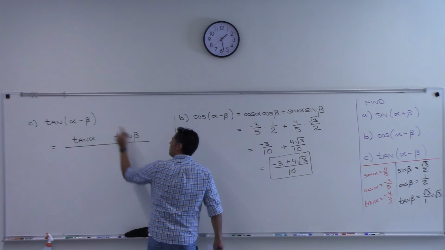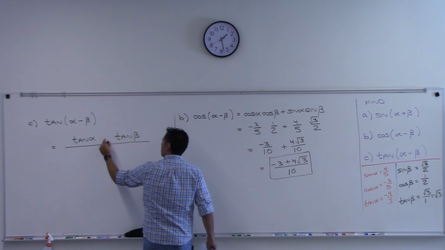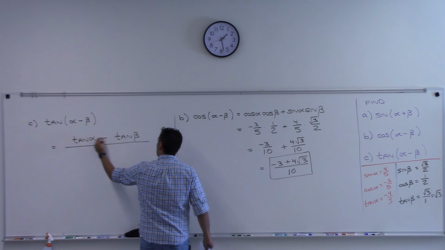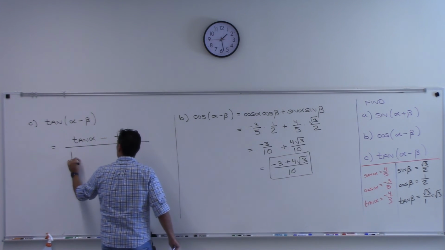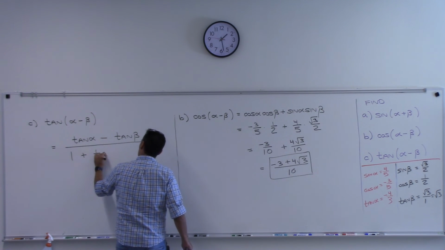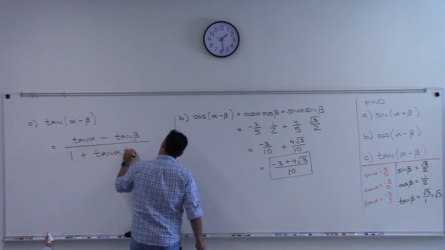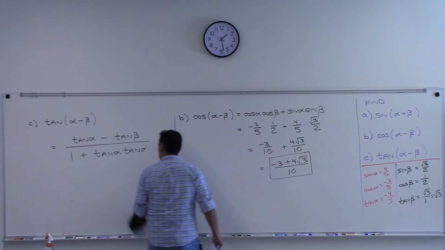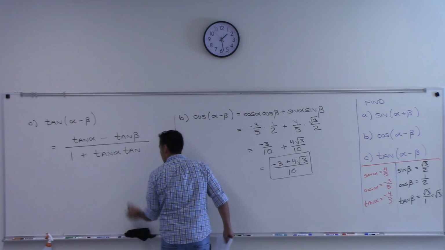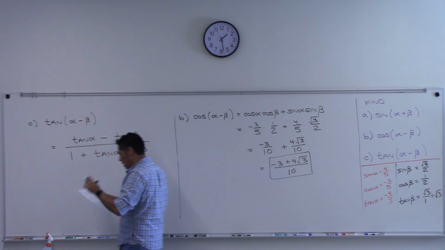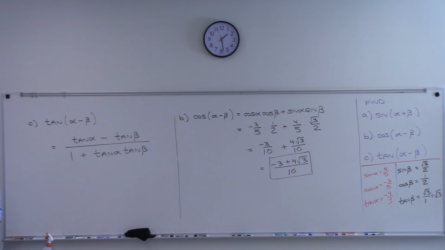If there's a minus there, there's what here? What is it? Minus, and then down here? Right? And we know all those values, right?